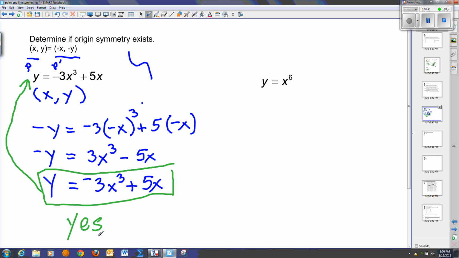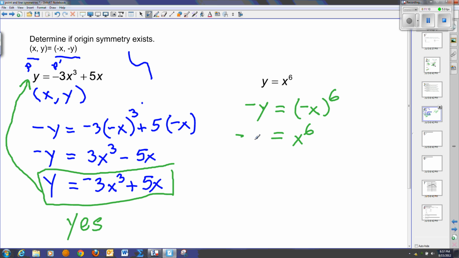I've proved it. I want to show that y equals x to the 6th is also origin symmetric. So again, what I'm going to do is substitute a negative y for y, and I'm going to substitute a negative x for x. Now if I take negative x to the 6th power, I get x to the 6th.